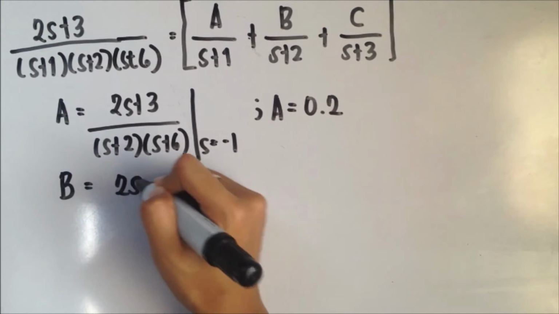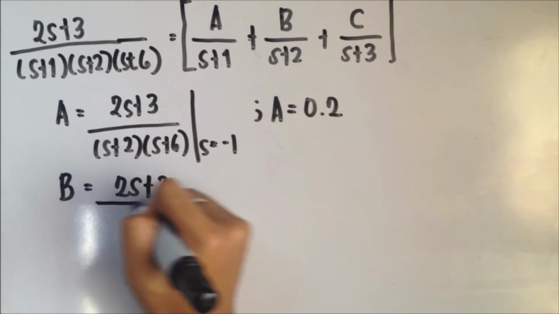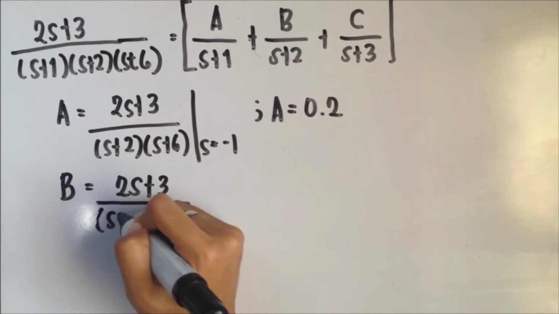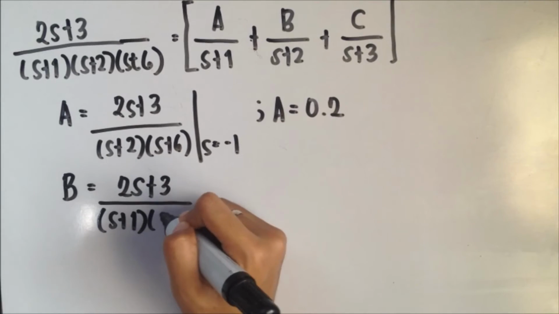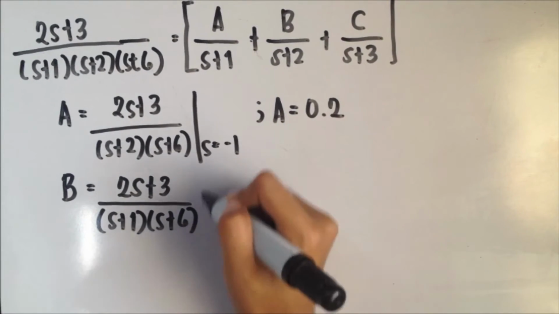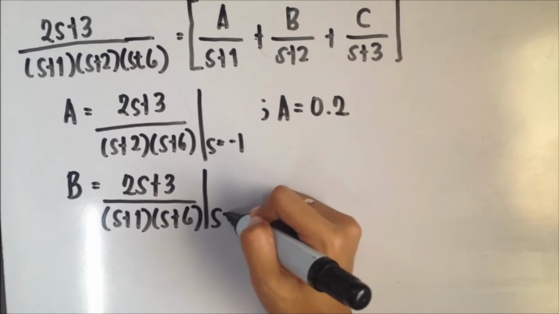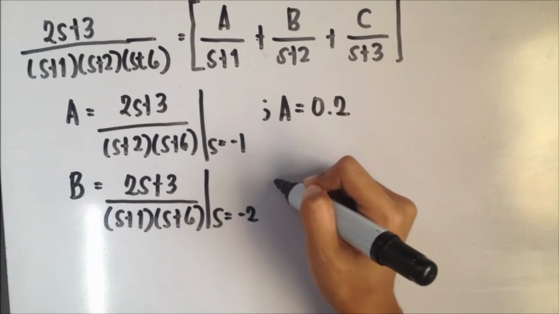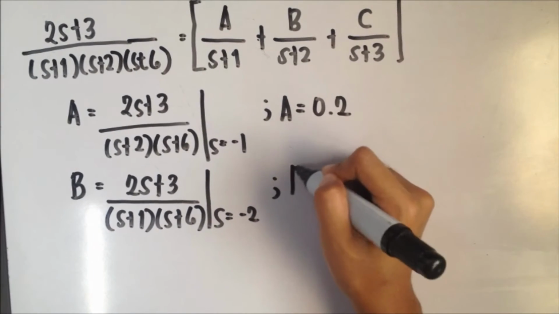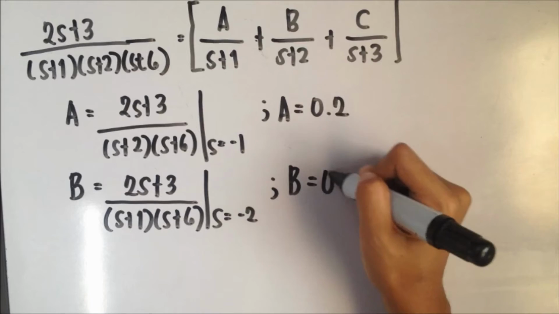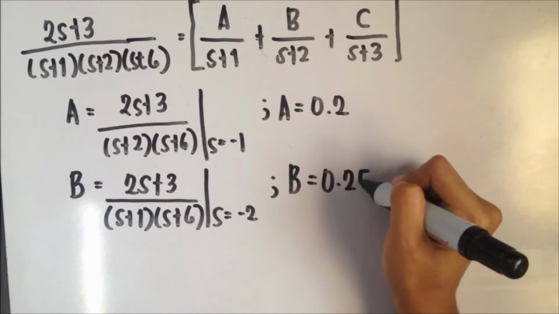And then for b, we're going to repeat the process: 2s plus 3 over s plus 1 times s plus 6, where s will be equal to negative 2. So b will be equal to 0.25.